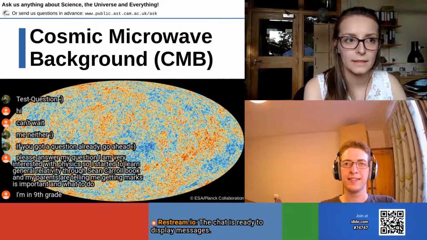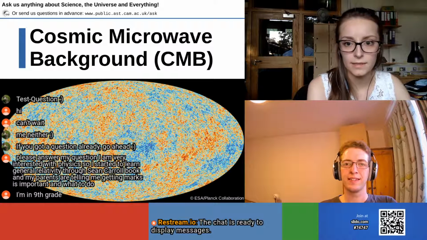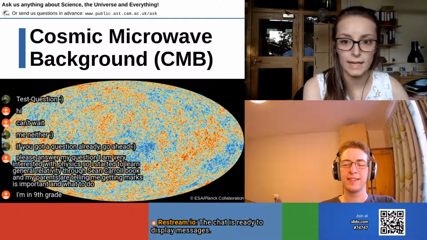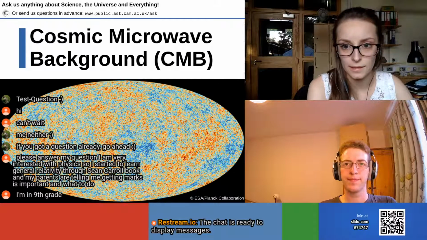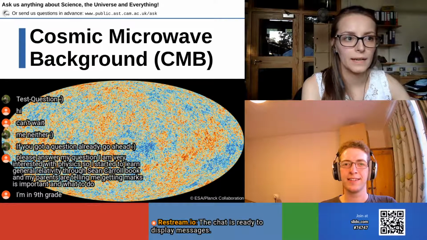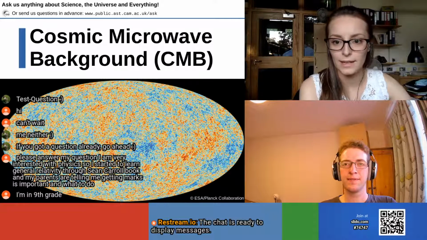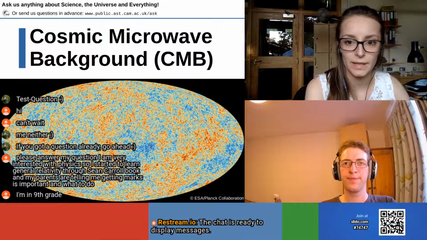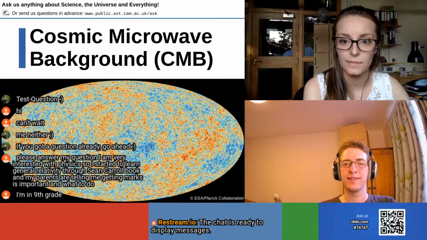And in this plasma, light was essentially trapped. Light interacts with electrically charged things, but it doesn't interact with neutral things. So light scattered off many rogue electrons in this initial plasma, and so the universe was said to be opaque to radiation.